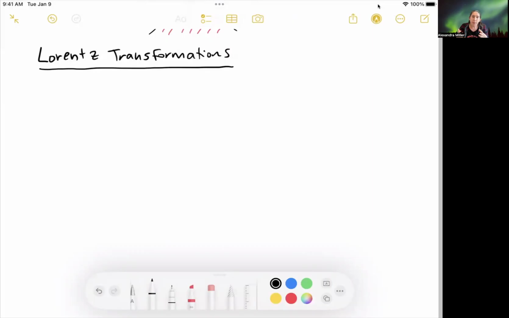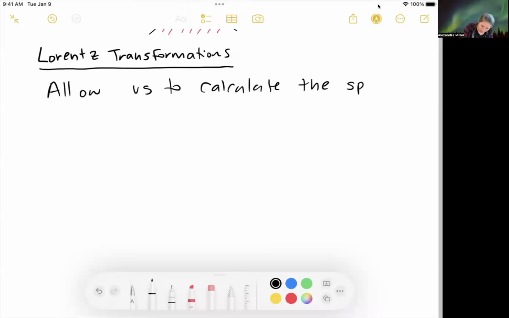So Lorentz transformations, what they do for us is they allow us to calculate the space-time coordinates of events in different reference frames.